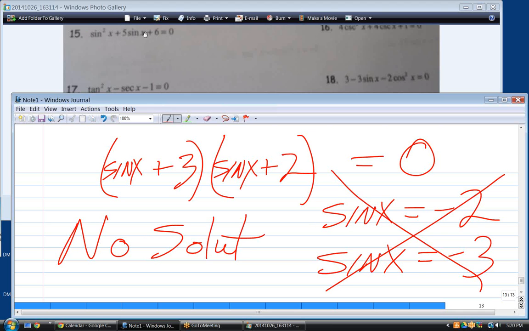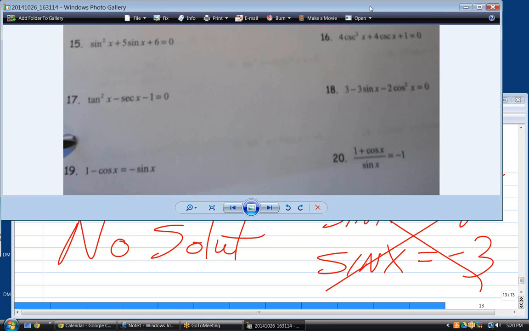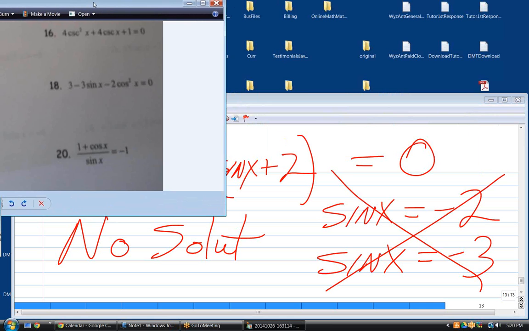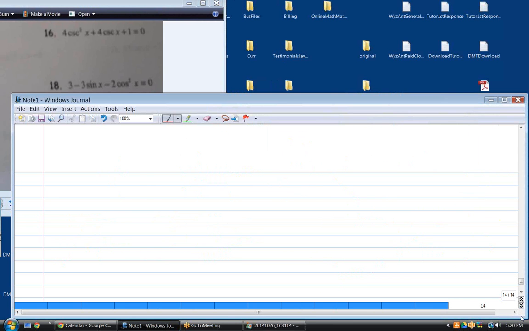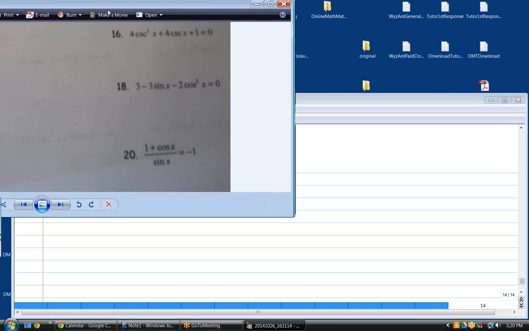Where sine squared plus 5 sine of that angle plus 6 would be equal to 0. Can't happen. And most likely, this is going to be cosecant plus 1, cosecant plus 1, or 2 cosecant, 2 cosecant. This same kind of problem. You're going to get two solutions, both of them are impossible.